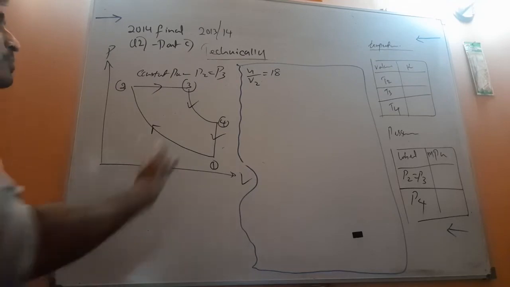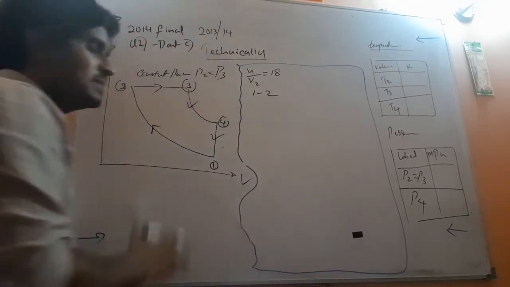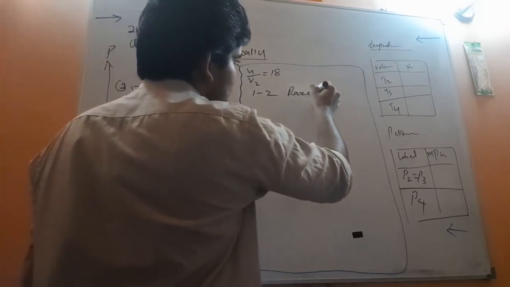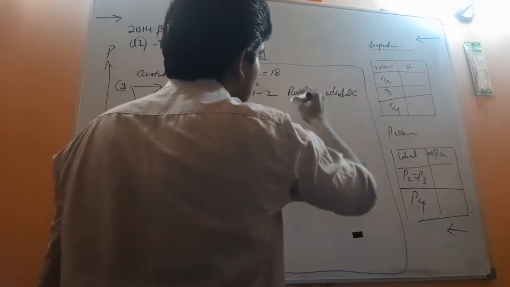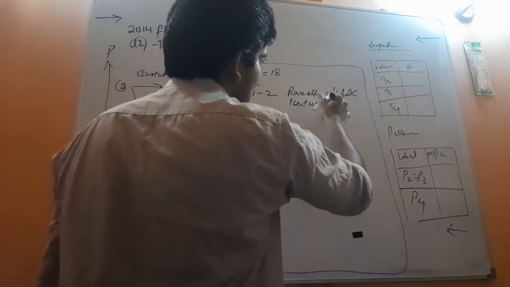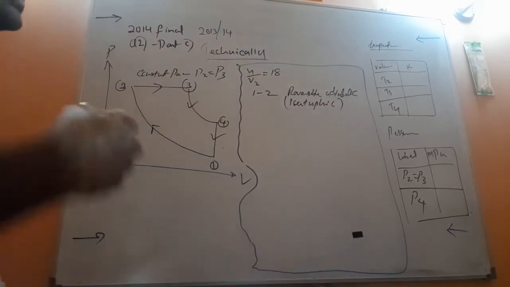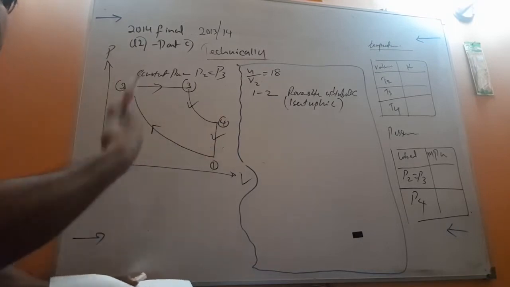Now, process 1 to 2. Process 1 to 2 is a reversible adiabatic process, that means isentropic. Same terms. So there is an equation that we can use in order to find that. If you have no equation, how are you going to find it?